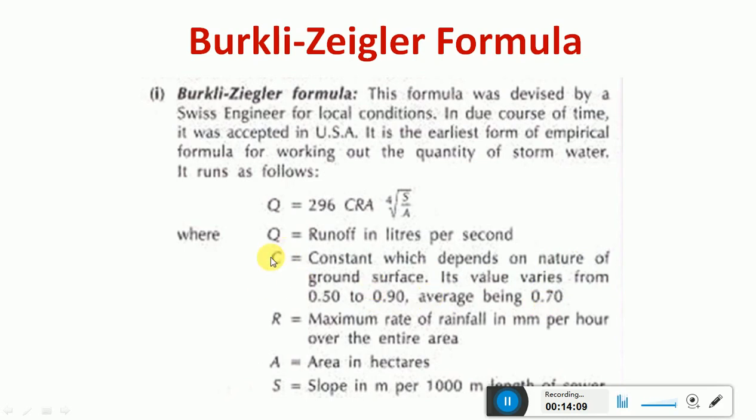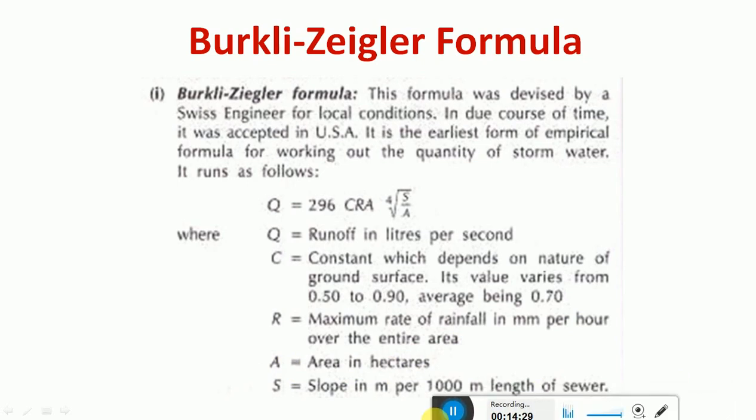Like I told you, it is different for different surfaces, which is why in this formula they take an average of 0.70. R is the maximum rate of rainfall in mm per hour over the entire area, A is the area in hectares, and S is the slope in meter per 1000 meter length of the sewer. So this is the Berkeley-Ziegler formula.